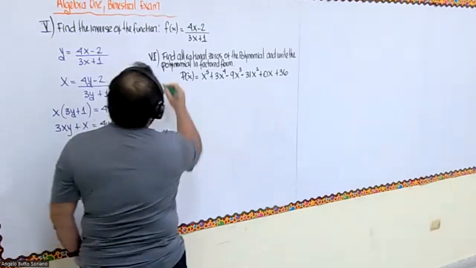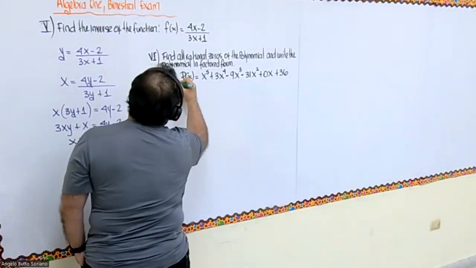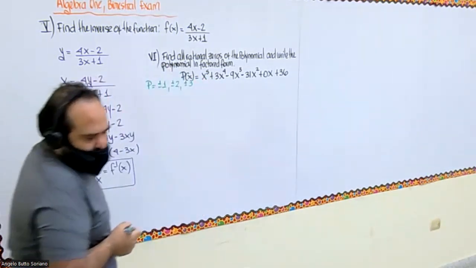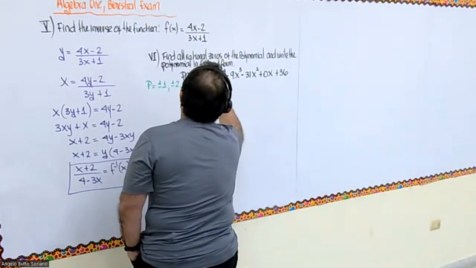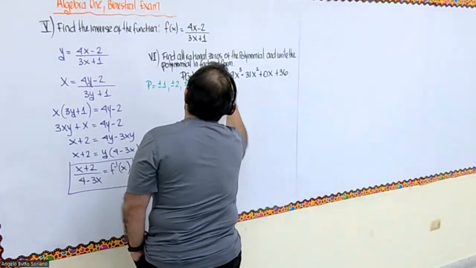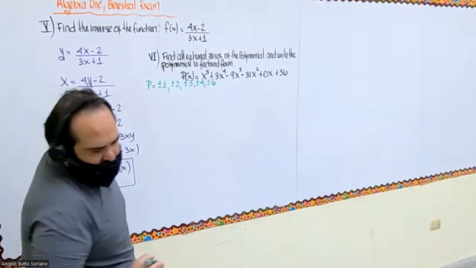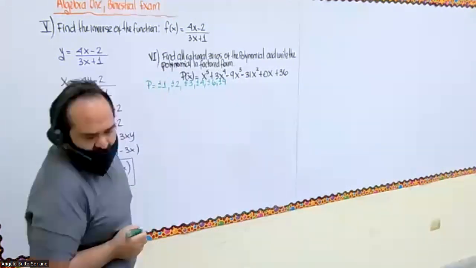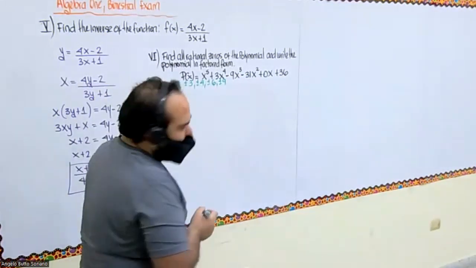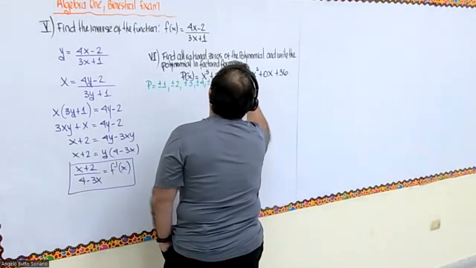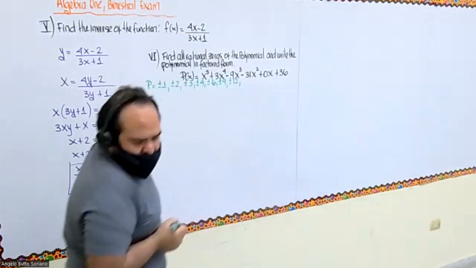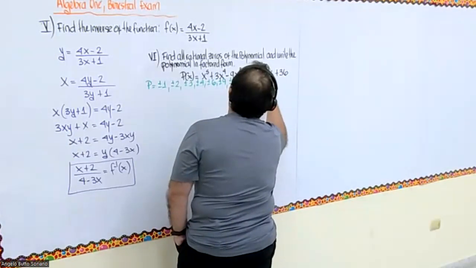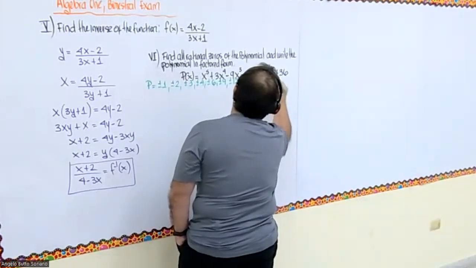The numbers we're talking about will be plus or minus 1, plus or minus 2, plus or minus 3, plus or minus 4, plus or minus 6, plus or minus 9, plus or minus 12, plus or minus 18, and finally plus or minus 36.